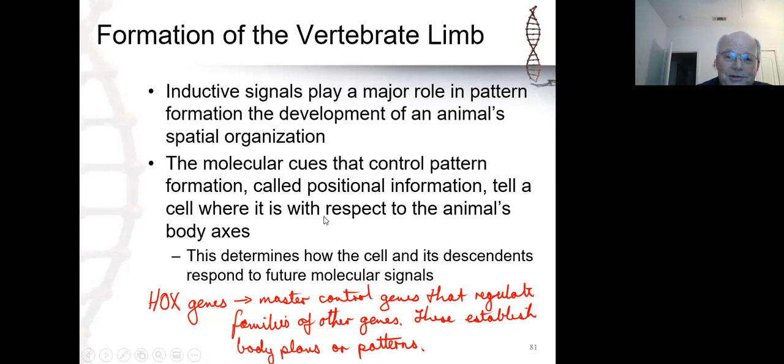In the fruit fly, the gene is known as hedgehog because it not only is involved in establishing the legs, but it's also involved in establishing the little hairs that are found on the surface of a fruit fly. In chickens, it's involved in the forelimb, and also in humans, it's involved in the forelimb. But it's not called hedgehog, as you'll see.